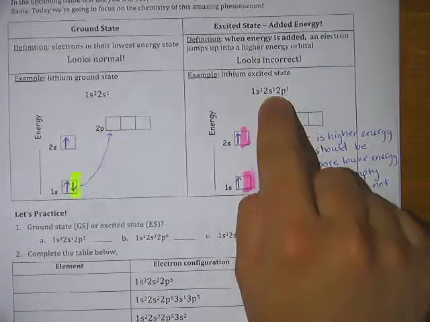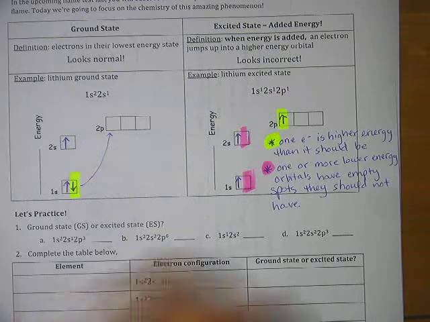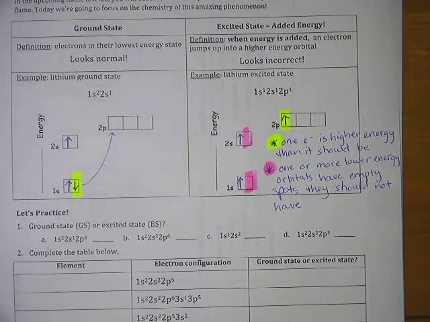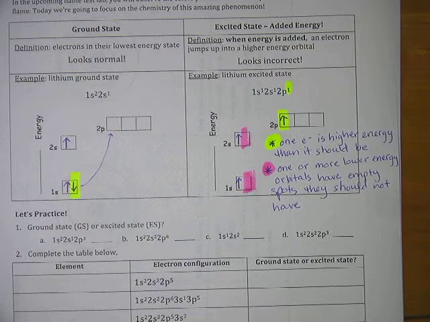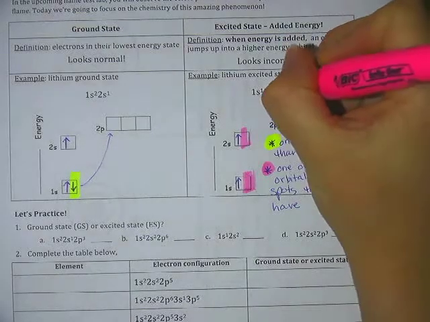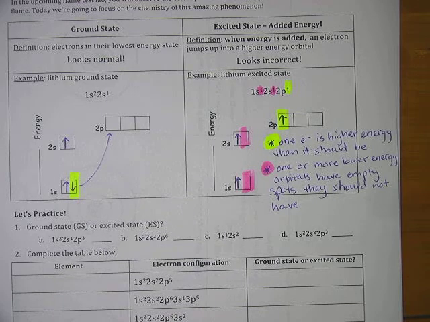And we can even see that reflected in the way that the electron configuration was written, that you have this 1 electron that's higher energy than it should be, and then these lower energy orbitals have empty spots they should not have. I'm color coding. I'm sure you can recognize that.